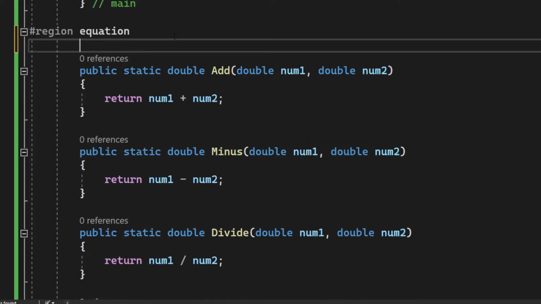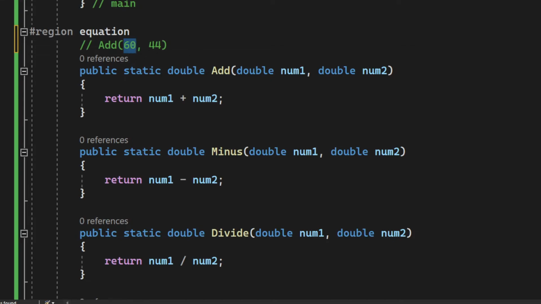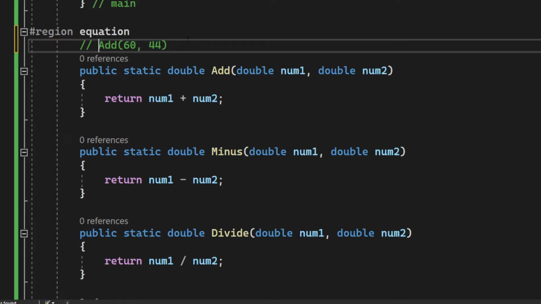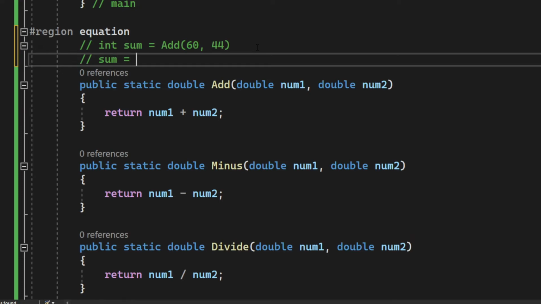Just to give a quick reminder, if I were to say add 60 and 44, what's happening here is it's going to associate num1 with the 60 and num2 with the 44, so it's going to be 60 plus 44, and then it's going to return a result, which is 104. That means if I were to declare a variable called sum, it would perform all this math and return a value of 104, and sum would equal 104.